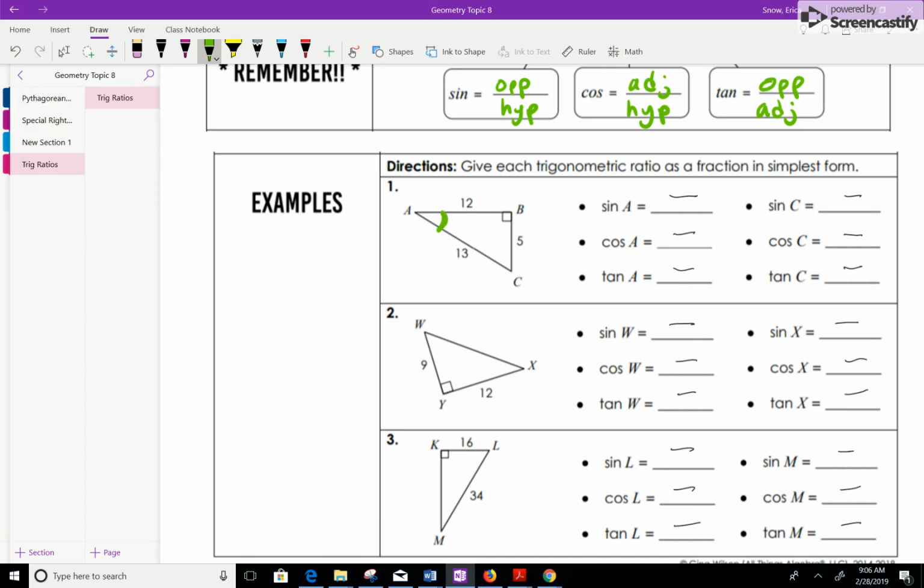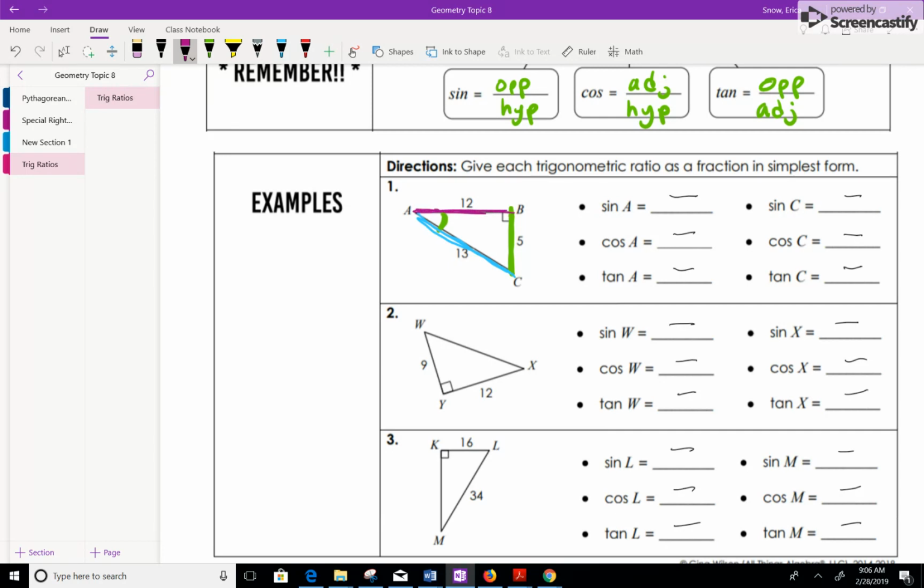Angle A is here, so our opposite side is here. And our hypotenuse stays constant here at 13. And then our adjacent side is 12 for angle A.